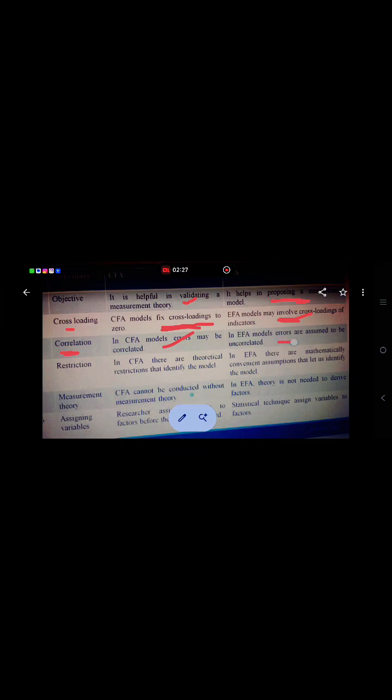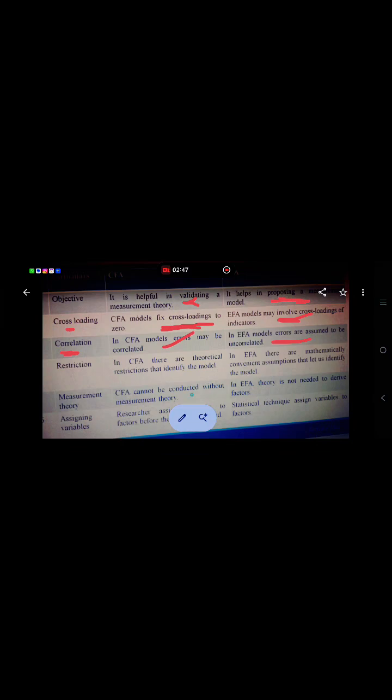assumed to be uncorrelated. So we have the objective, we have cross-loading, and we have correlation. The objective of CFA is to validate the measurement model, while the objective of EFA is to propose a model. Then we have cross-loading.